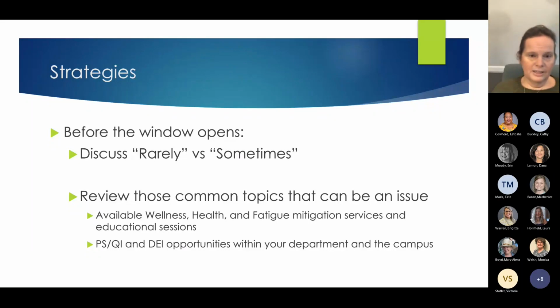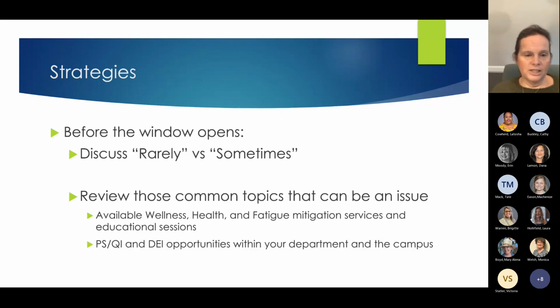And this is where we get into the next part: reminding people of all the different wellness, health, and fatigue mitigation services we have, the educational sessions that your program does, and the ways they can make anonymous concerns through your program, or if they can't go through your program, through the ombudsman. These are the different avenues the residents have.